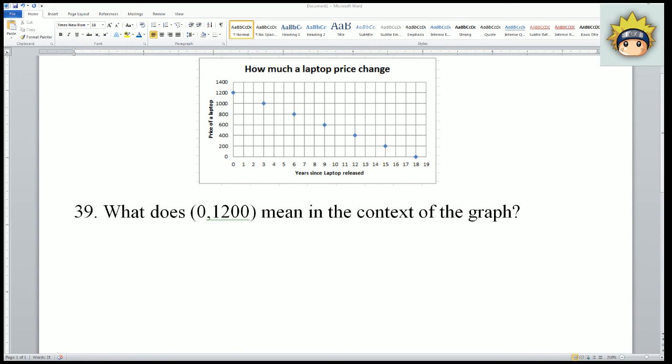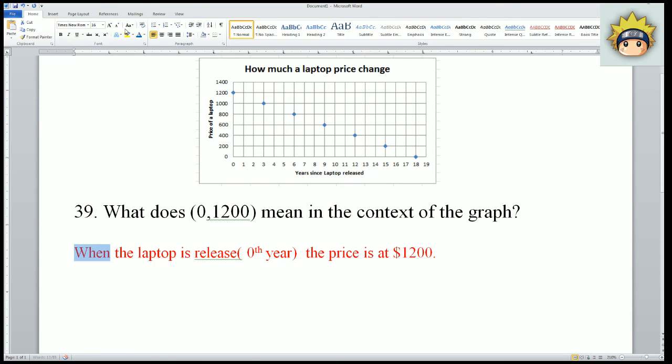So, right, this means when the laptop is 0 years, when it's released, then the price of the laptop is at 1,200. Here I color coded it for you. This is the independent variable. The laptop is released at 0 years. Then the price is 1,200. That is the dependent variable.